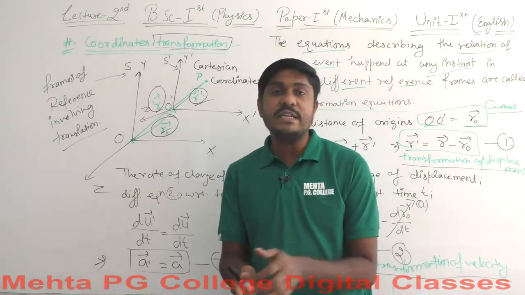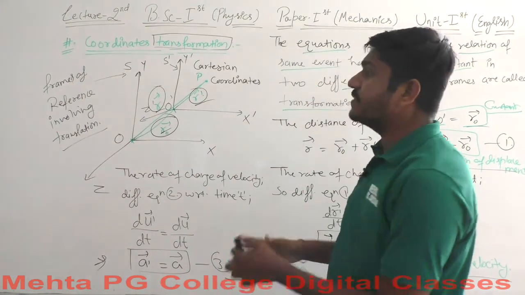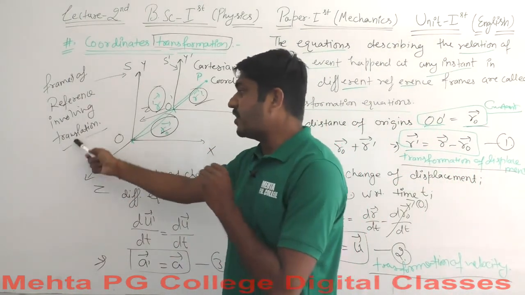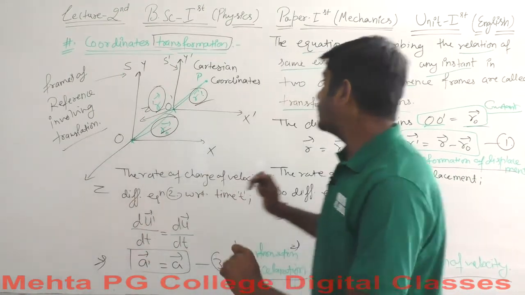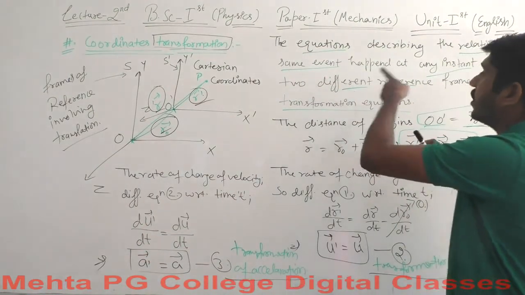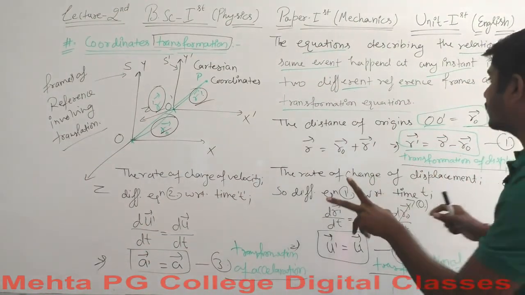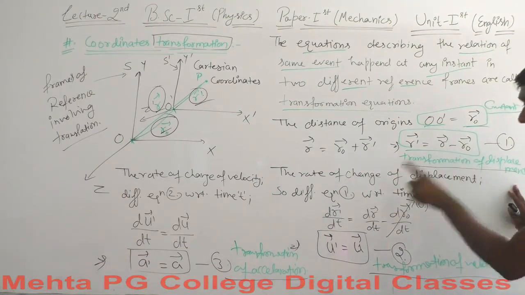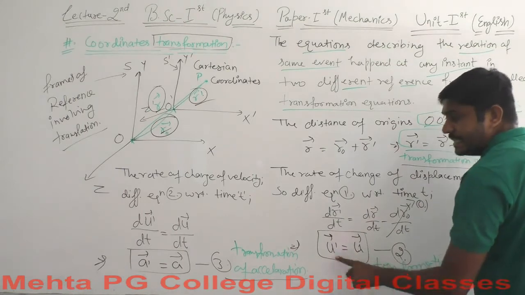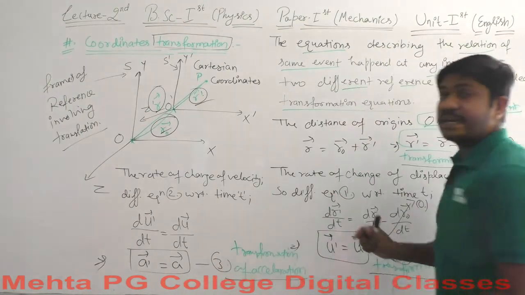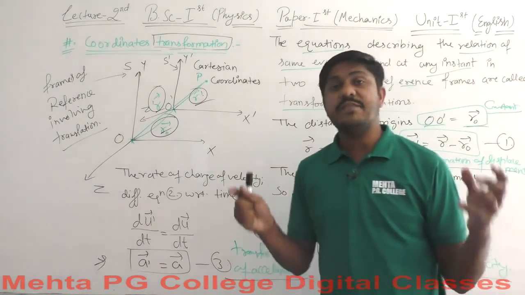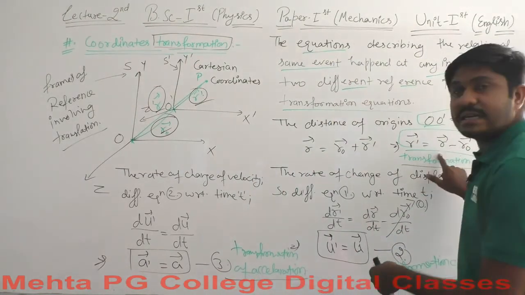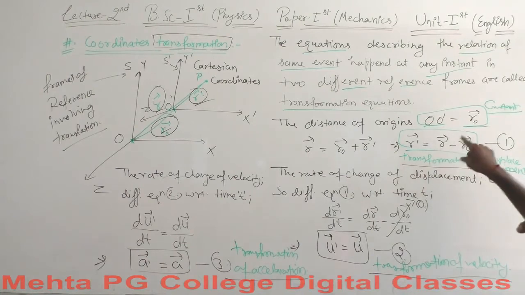So what do we conclude from all this calculation? We conclude that if two frames of reference involve translations, then the equation of transformation for the displacement will have this particular value, but the velocity and the acceleration will remain the same. Yes, the velocity and acceleration will remain the same, but the displacement is not the same within both of these two frames.